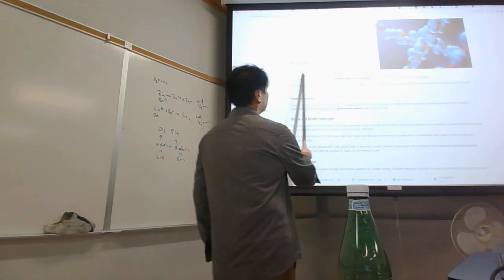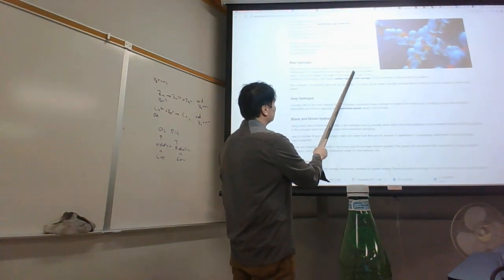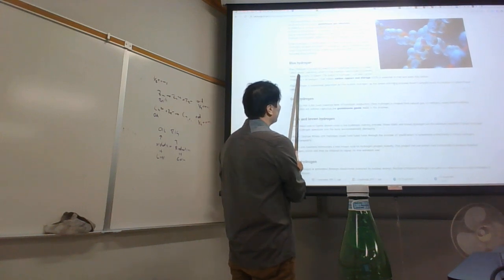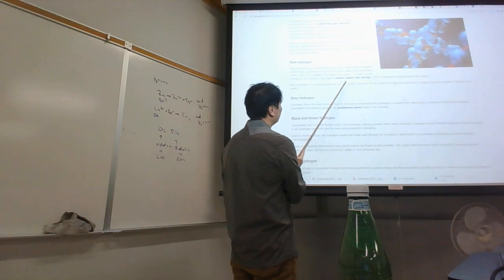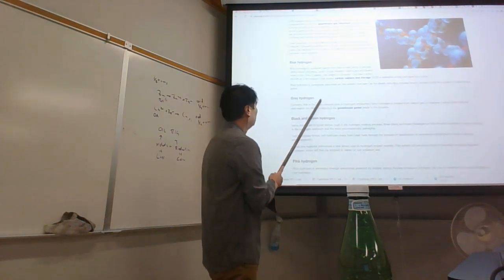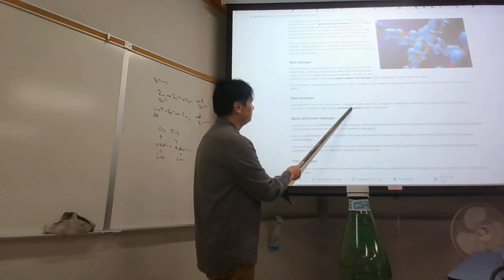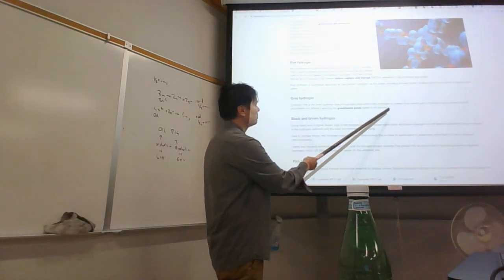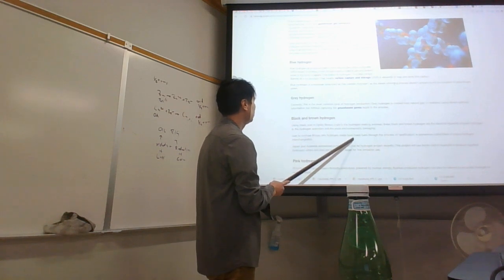Blue hydrogen is produced mainly from burning natural gas, or actually reacting natural gas. Okay, so that's not so green, probably because that's going to make CO2. Gray hydrogen is created from natural gas or methane and steam reformation.